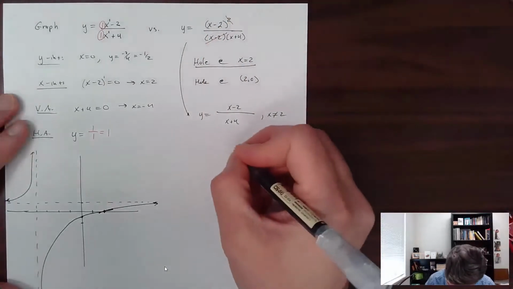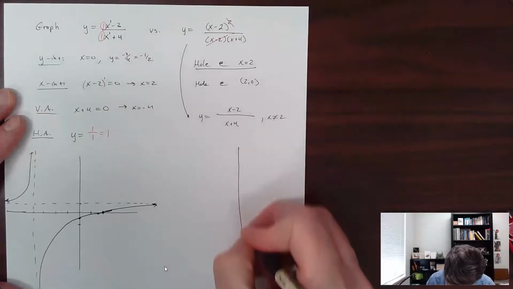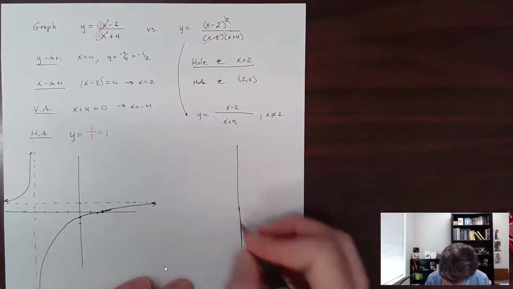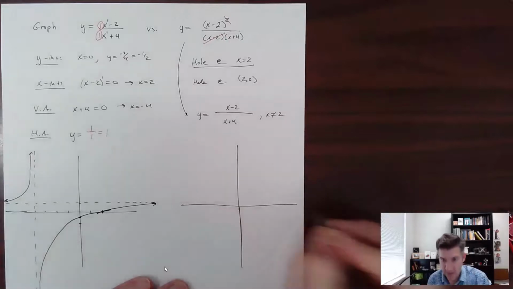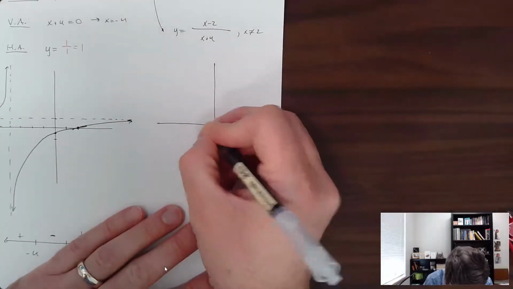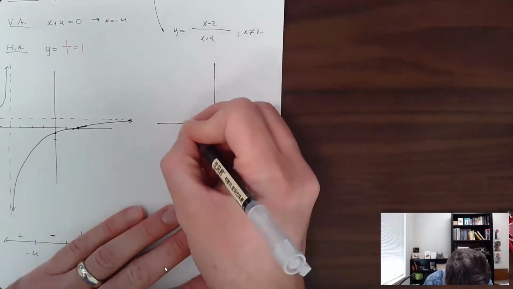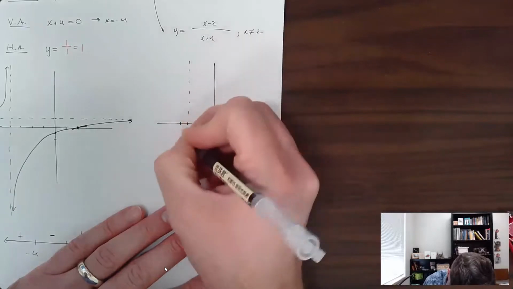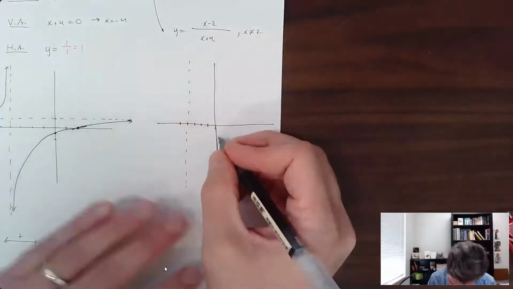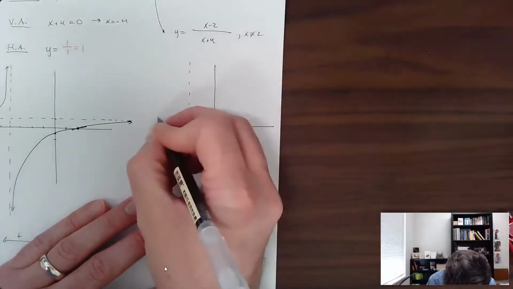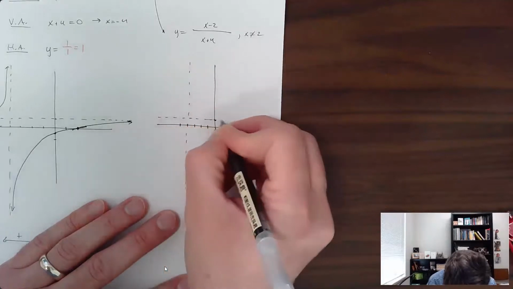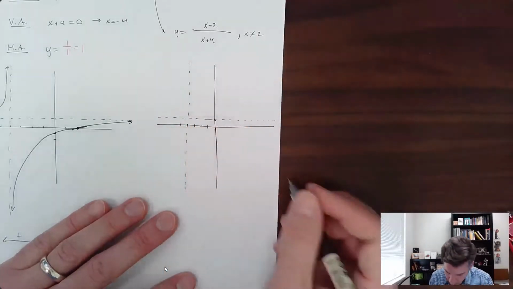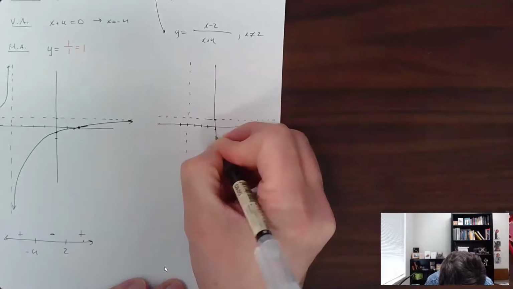And so when we do this, I'm going to try and graph this one a little bit nicer, although I don't have a ton of room here. Sorry, it's not the best looking I've ever done. Apologies. I'm going to make this a little bit smaller so you can see it. So here's my vertical asymptote at -4. Here's my horizontal asymptote at y equals 1. My y-intercept at -1/2.